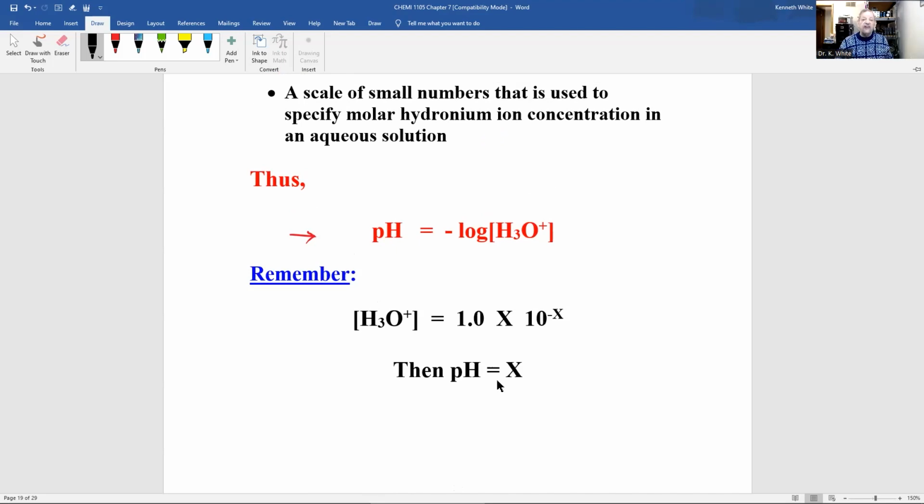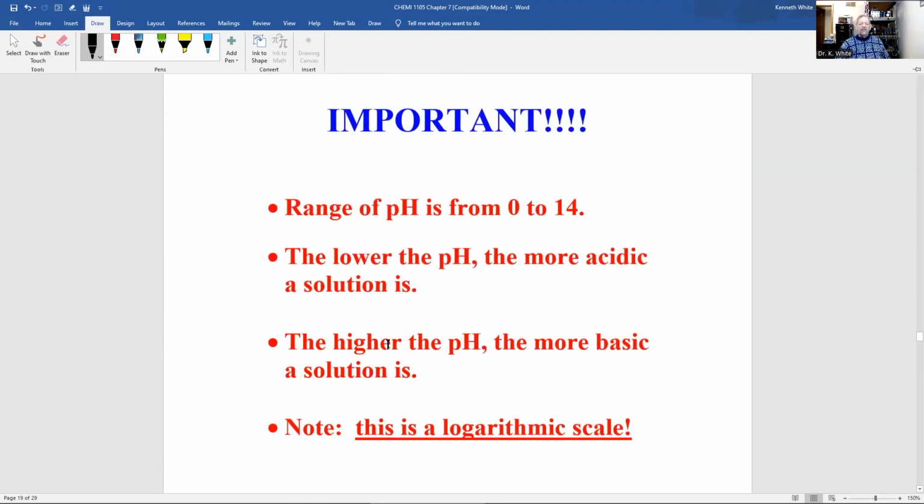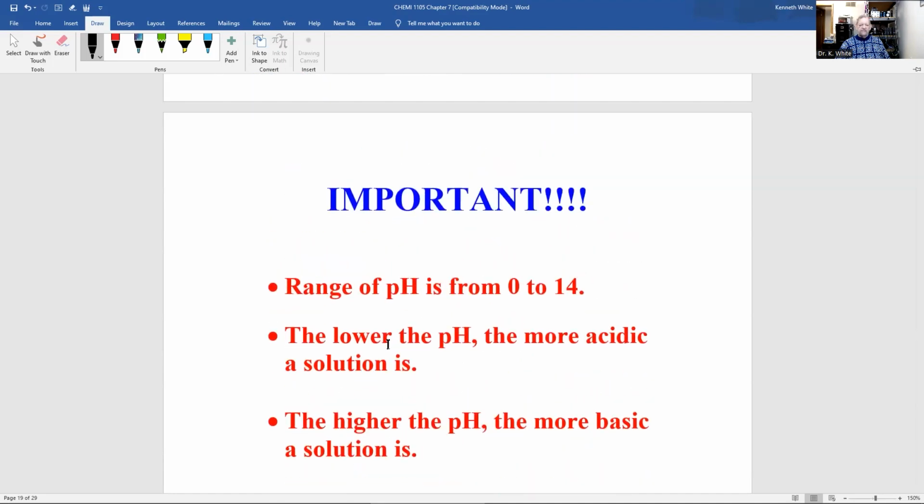On my test and final, it will be. So if you have a hydronium ion concentration of 1.0 times 10 to the minus x, the pH will be x. Now, important things about pH. The pH range is from 0 to 14, never lower than 0, never higher than 14.